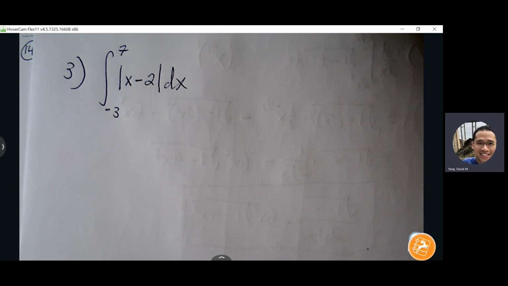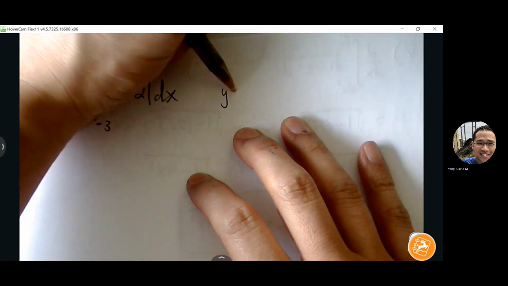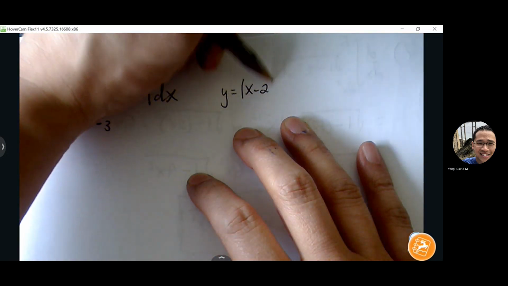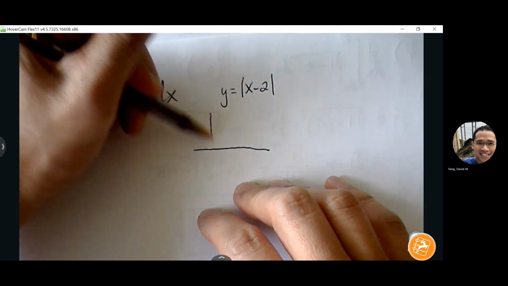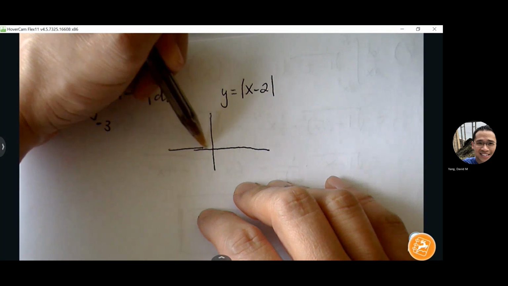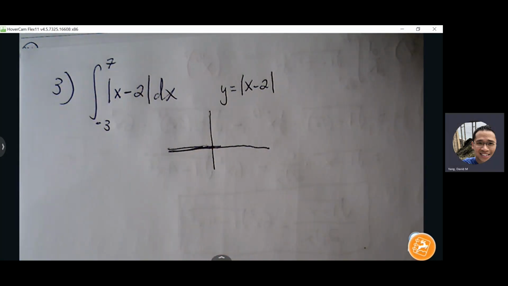Extend the graph out so it looks like a V, and then extend the V out as far as your left and right bound. Where's the graph gonna live?